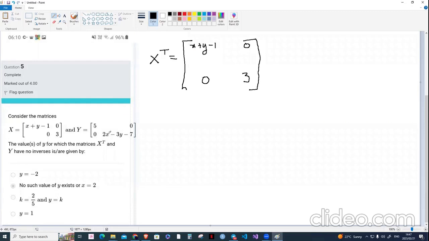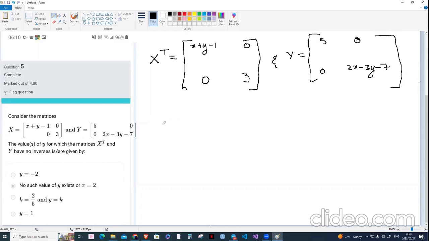And then Y, here's Y. For these two not to have inverses, let me just put here 5, 0, 0, 2x minus 3y minus 7. For these two not to have inverses, we know that the determinant of XT must be equal to 0, right?